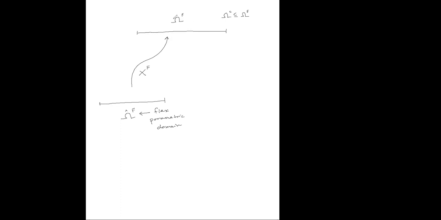And this guy is more aptly named the flex physical domain. It's a common term. So physical coordinates are the coordinates that we're actually interested in our simulation. Parametric coordinates are the ones that we're going to use to make it easy to build the physical domain. So this mapping X F is going to take this omega hat F into the physical domain.